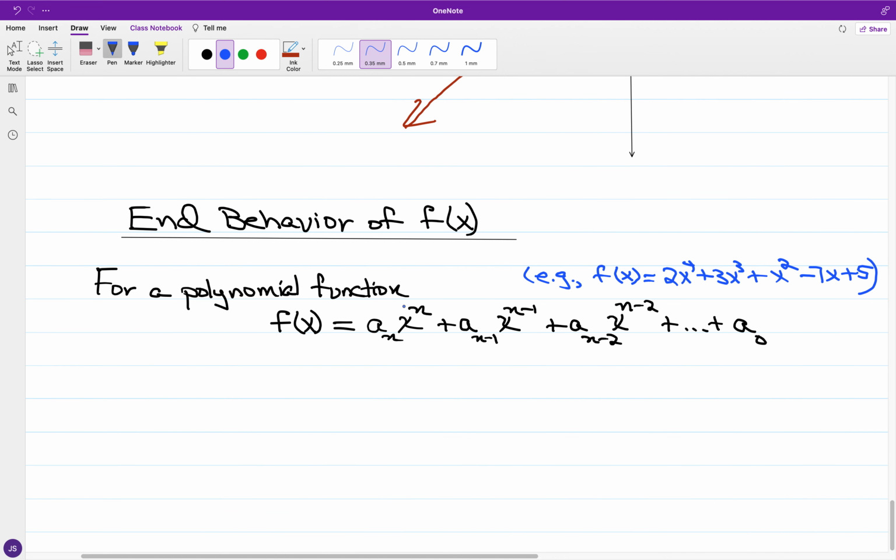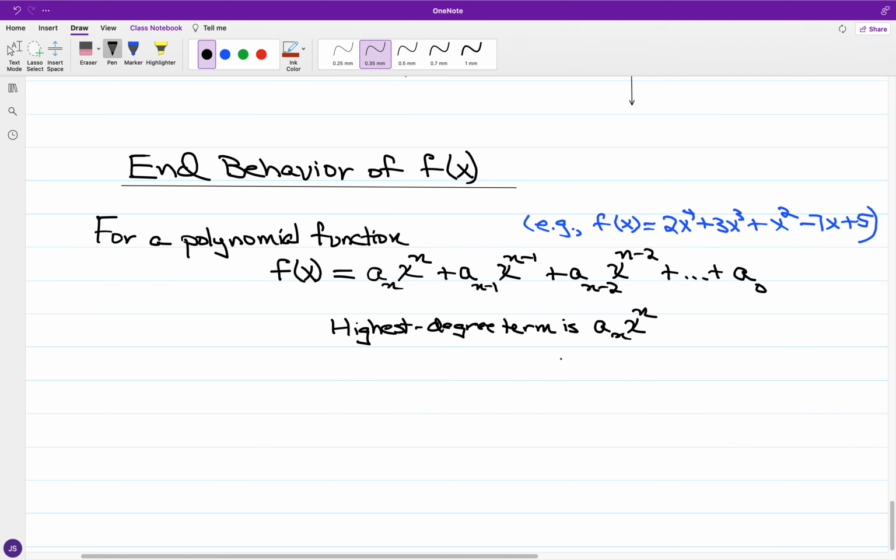Now for a polynomial function of this type, just a few key things here. You have the highest degree term. It's going to be a of n times x to the n, so you have your subscript and superscript variable being the same letter n.